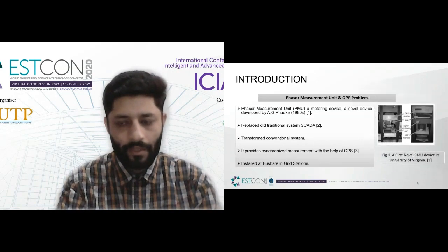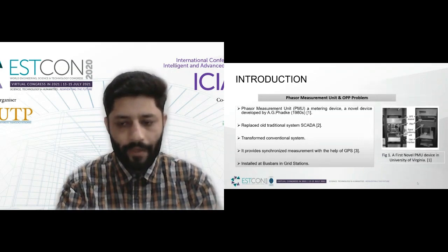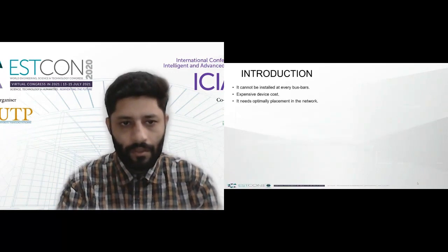Here we have the novel device that was made by A.G. Phadke at the University of Virginia. Figure 1 shows the first PMU at the University of Virginia. It cannot be installed at every bus bar in a grid station due to the expensive nature of the device. Therefore, it needs optimal placement in the network.